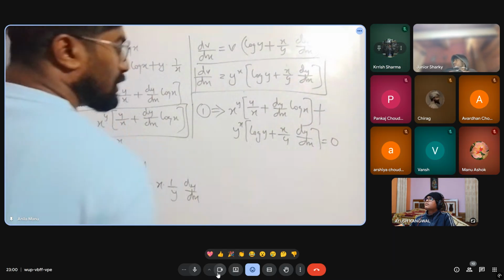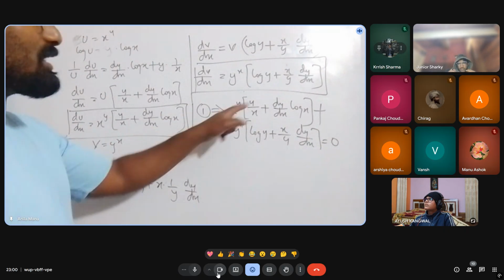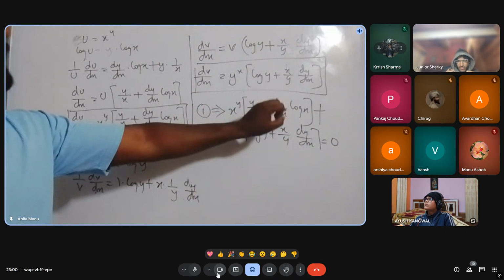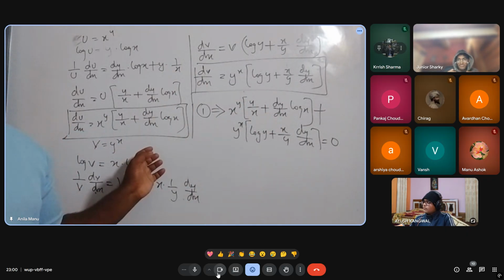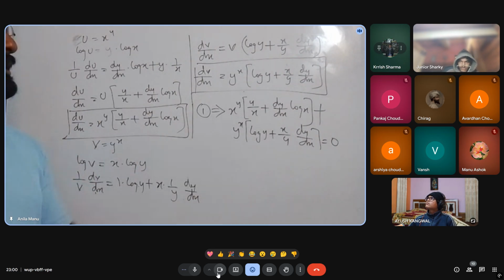Now what should we do? You have to multiply this into the bracket, and bring all dy by dx terms to the left hand side or right hand side, separately. Then leave dy by dx there, and transpose the remaining terms, and you will get the final answer. So here I am going to multiply.